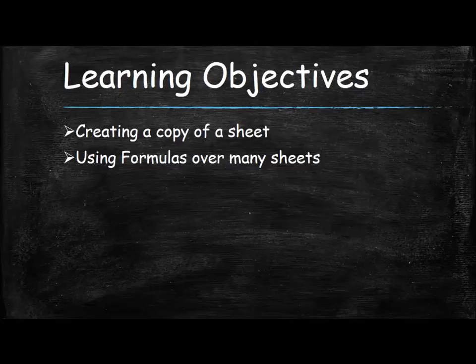We learned to do math using the pointer method, and then we used the sum function to do math on one particular sheet, and then we did formulas over many sheets, and we did that using the pointer method, clicking on quarter 1 in E6, quarter 2 in E6, and then we learned how to use the function across multiple tabs, where the range was actually the tab names, quarter 1 to quarter 4. A lot of important information in this video. It's okay to go back and watch it a couple times.